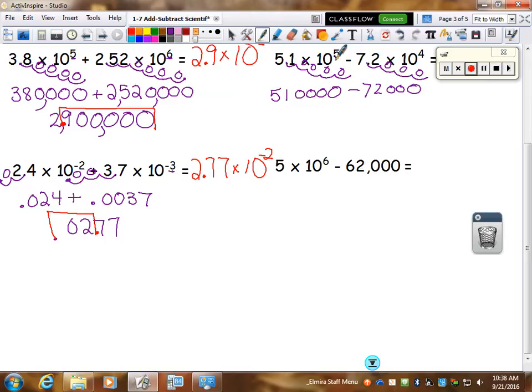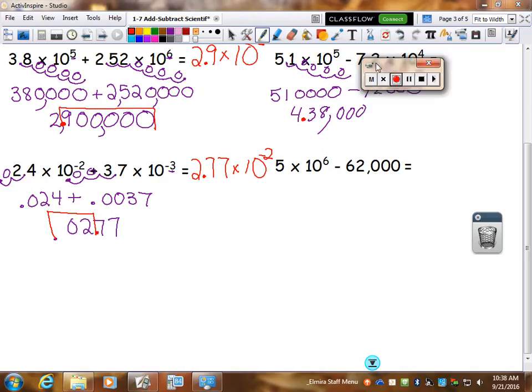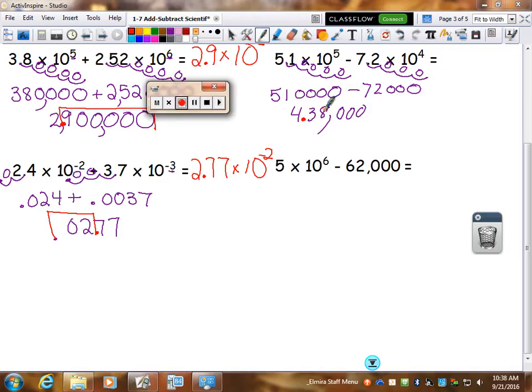So 5, 1, 4 zeros minus 7, 2, 3 zeros. And I get 438,000. And then for the final answer, putting my decimal here, so 4.38 times 10 to the 5th power.